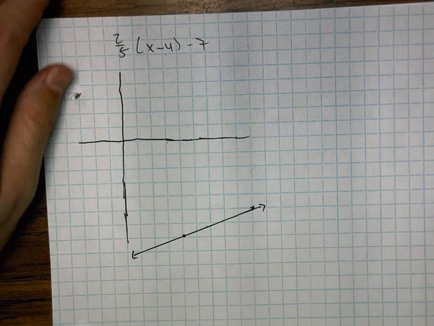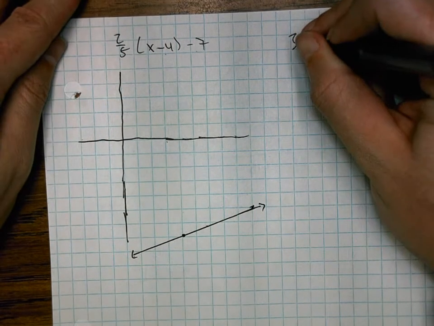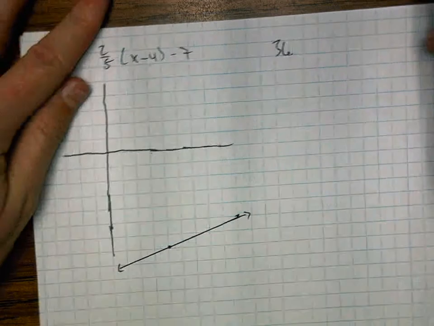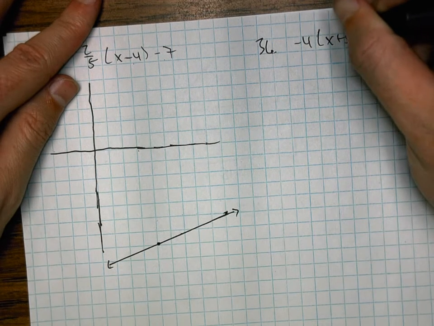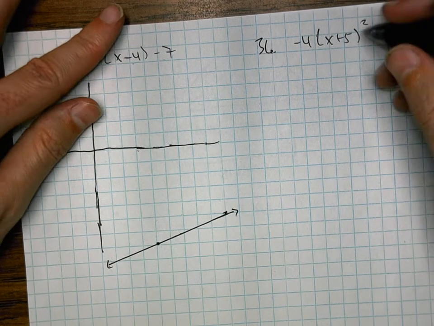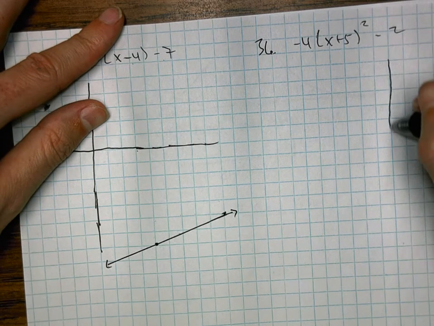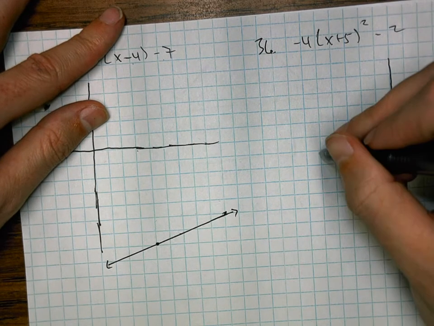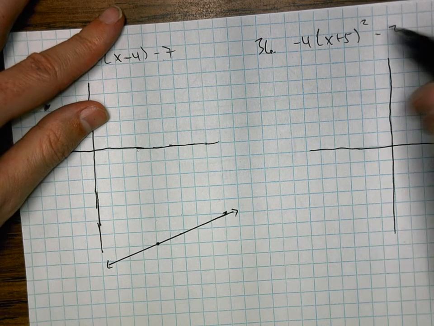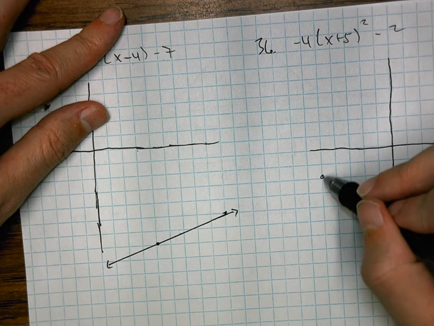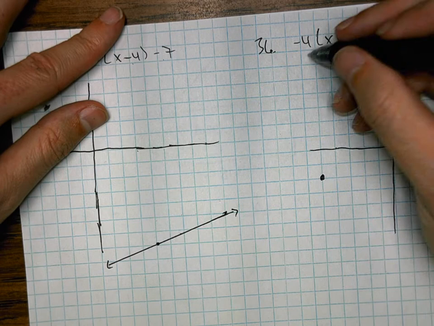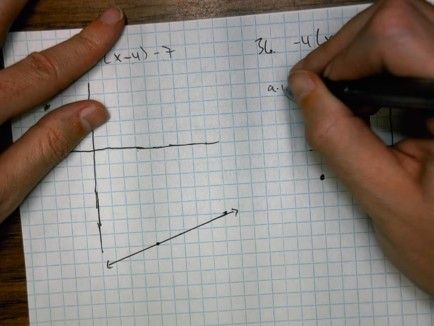36. Sketch this function: negative 4 (x plus 5) squared minus 2. So left 5, down 2. 1, 2, 3, 4, 5, down 2. And then we have to follow the a times 1, a times 3, a times 5 pattern.